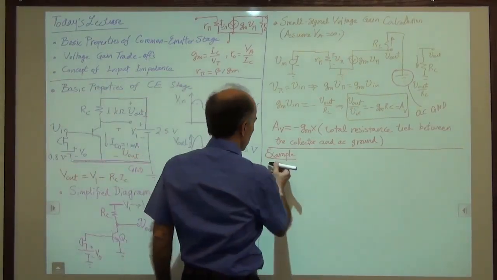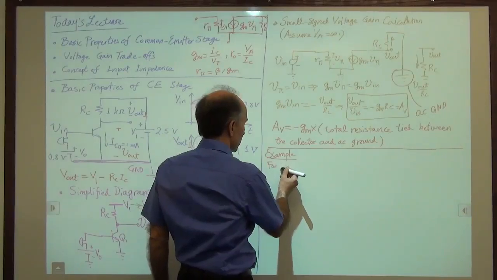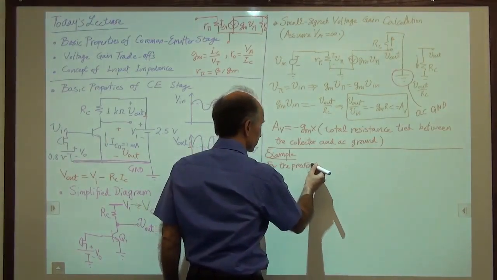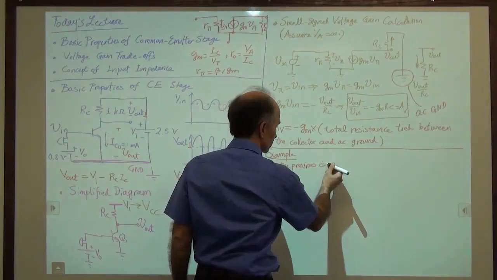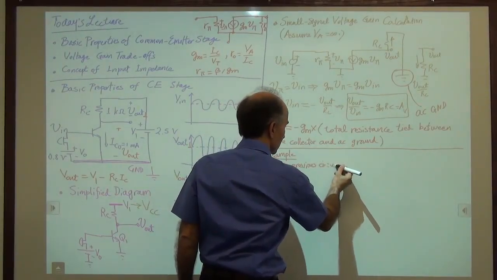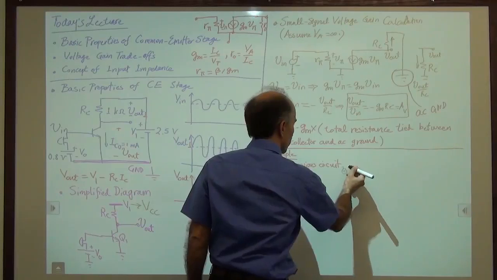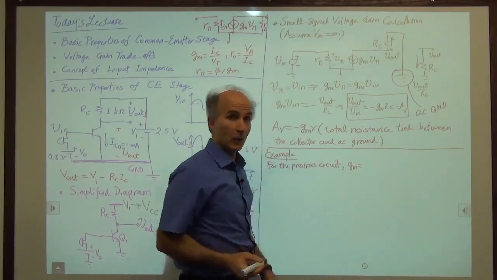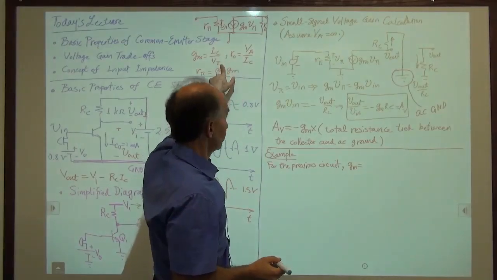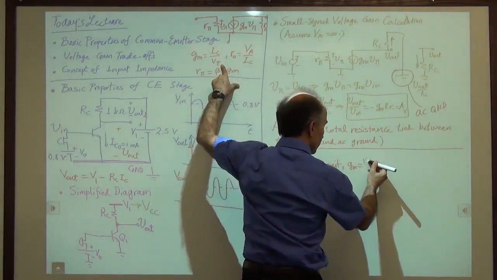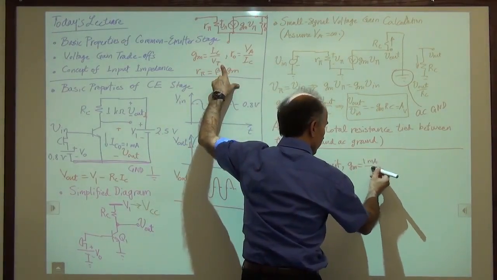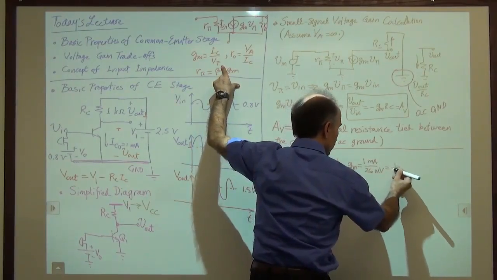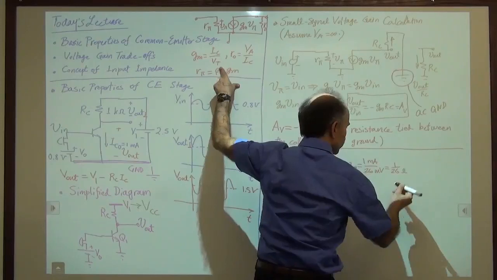So we say for the previous circuit, what we have is GM is equal to IC over VT. So 1 milliamp divided by 26 millivolts. And we'll just write this as 1 over 26 ohms.